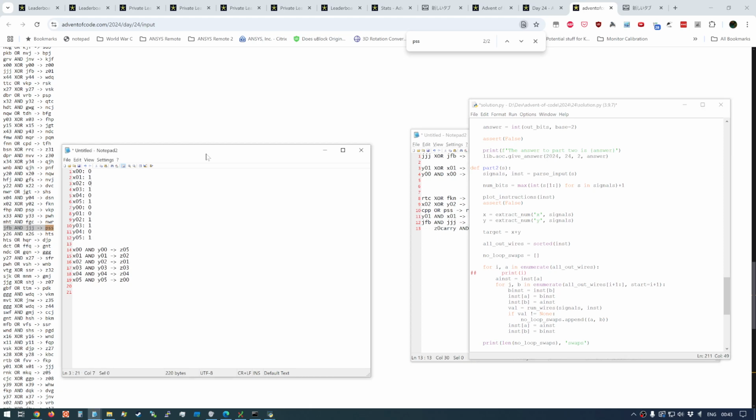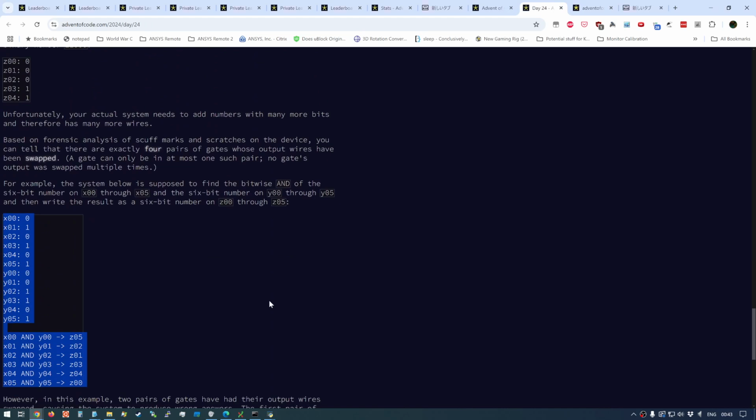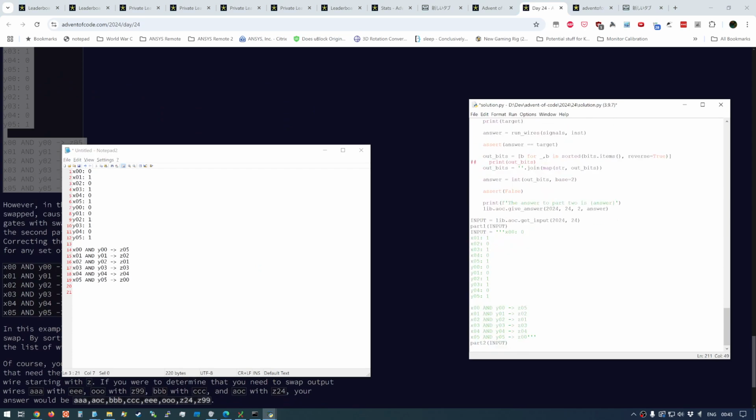What is this example? What is that example? Supposed to find the bitwise and of... Oh, so you're completely different. Of course you're completely different.